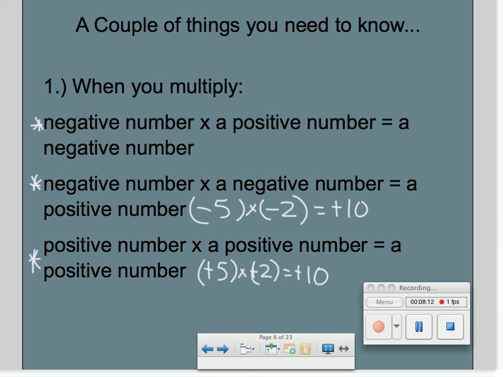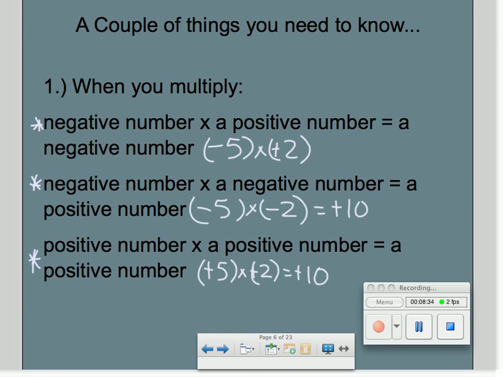The third one: a negative number times a positive number is a negative. If I have negative 5 times positive 2, when I have a mixture of signs, the negative wins out. Not overly complicated stuff. So negative 5 times positive 2 gives me what?